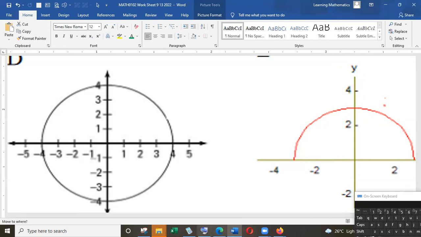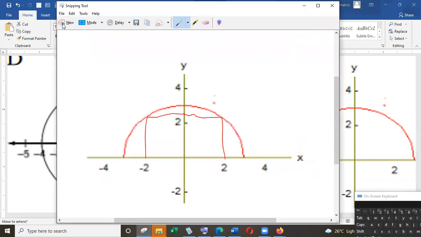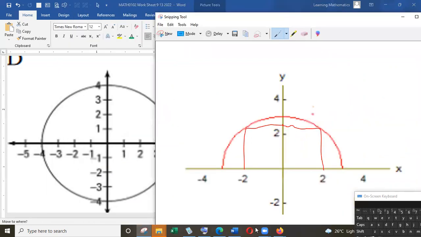Because this now will be many-to-1, isn't that so? Because the -2 is going to that same value, and 2 is going to the same value. If there was the other piece, then 2 would go to another value, that would be a one-to-many.